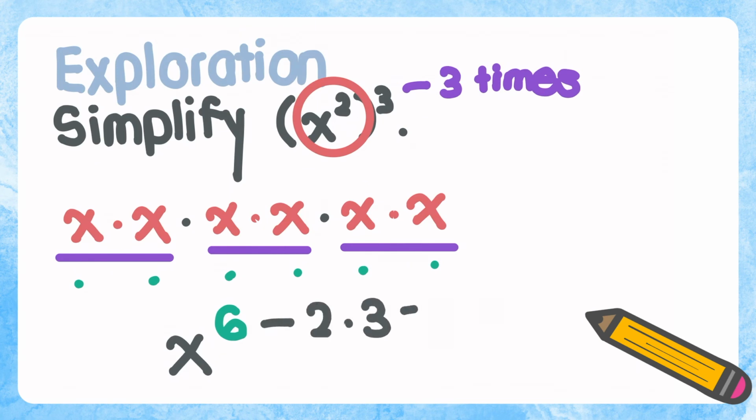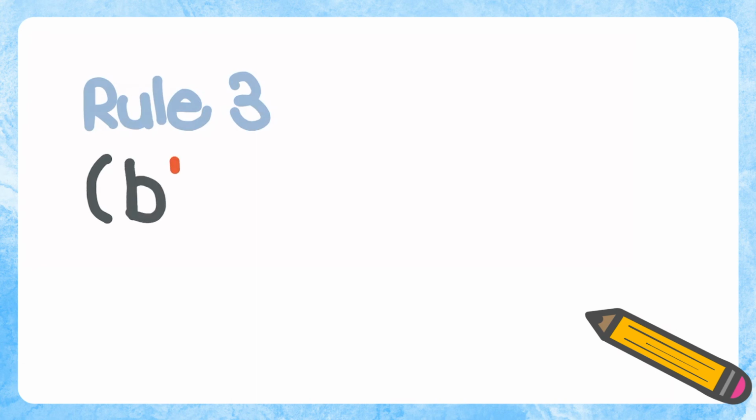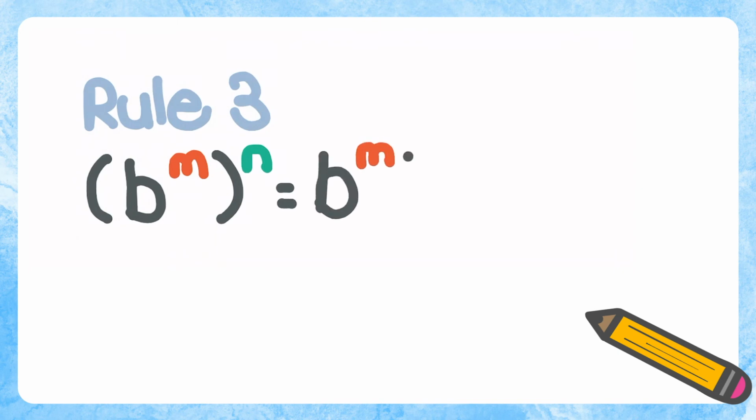And 2 times 3 equals 6. So let's write this as rule number 3. b to the power of m to the power of n equals b to the power of m times n. Again, this only works if the bases are the same.